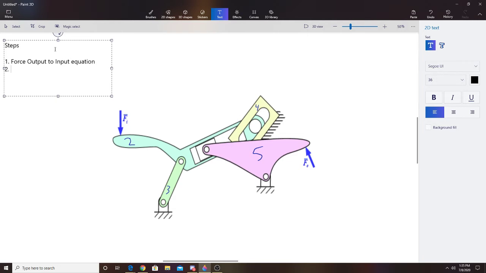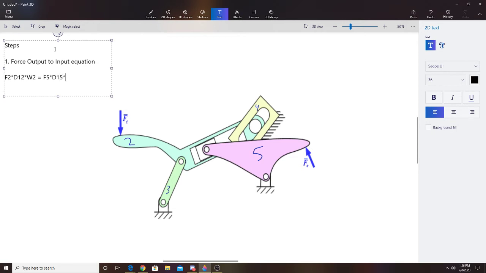Step 2. Anybody? So this would be F2 times D12 times... Find your distances, correct. That is definitely what we're looking for. So that would be what though?